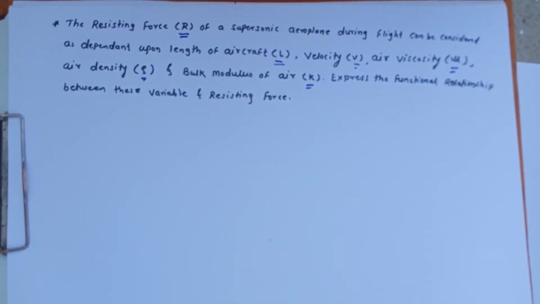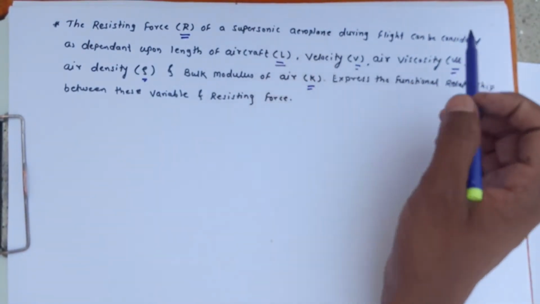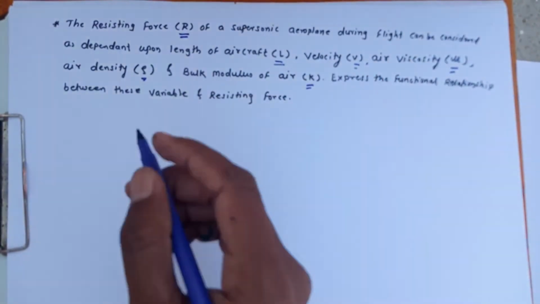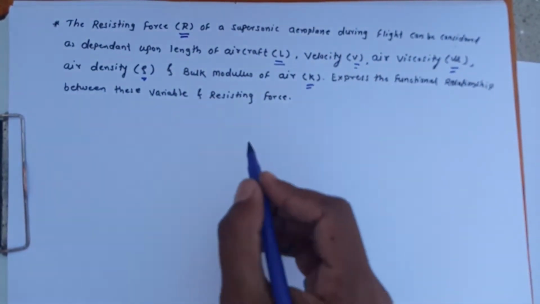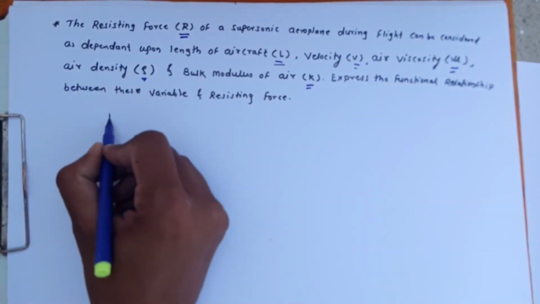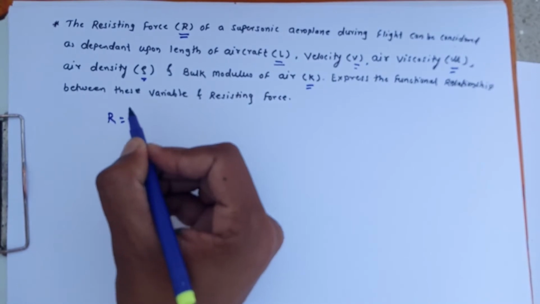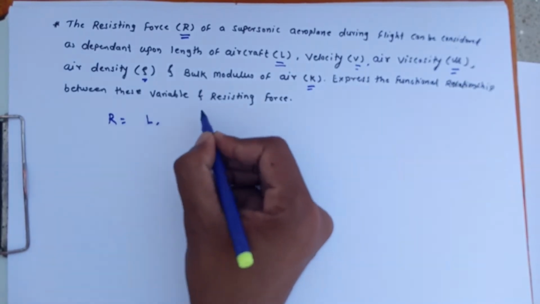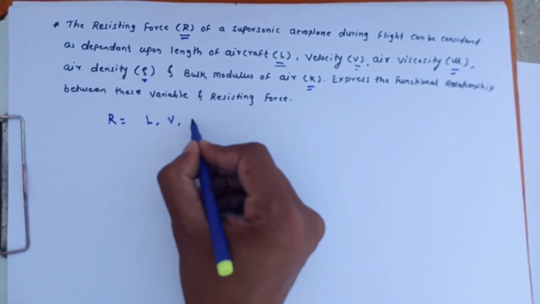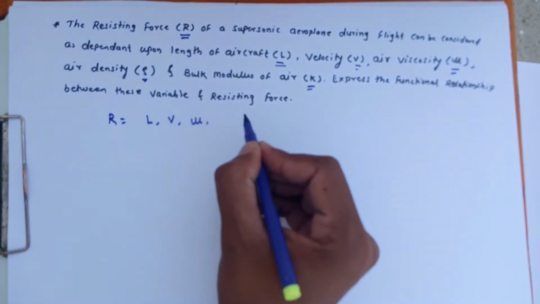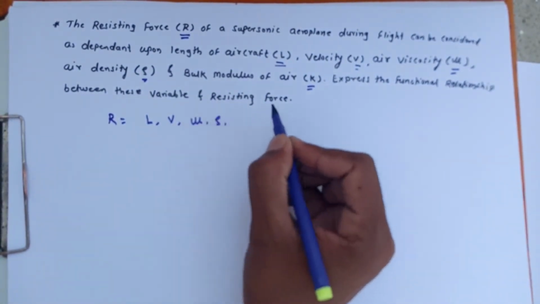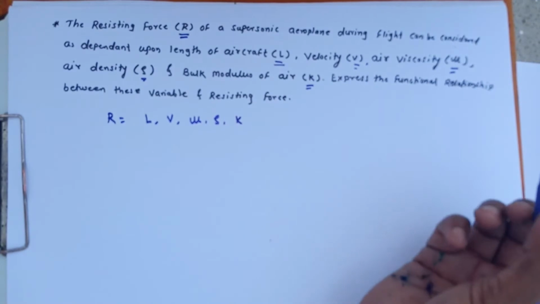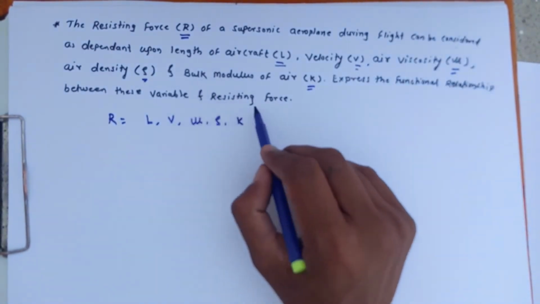So here the problem is we have one supersonic aeroplane, and during the flight of that aeroplane the resisting force R depends upon various factors. That means the resistive force of the supersonic aeroplane depends upon length of aeroplane, velocity of the aeroplane, air viscosity, that is dynamic viscosity of the air, air density, that is rho, bulk modulus of air, that is K. And we have to express the functional relationship between these variables and resisting force.